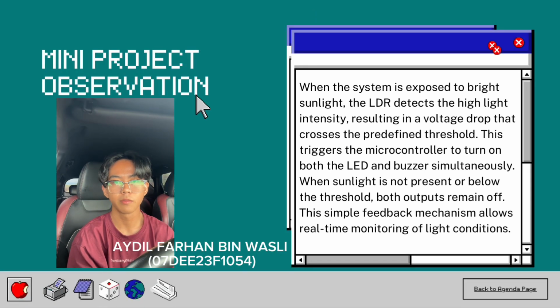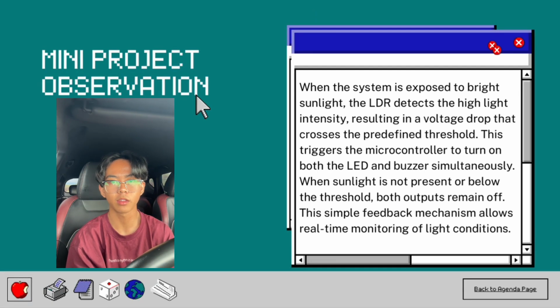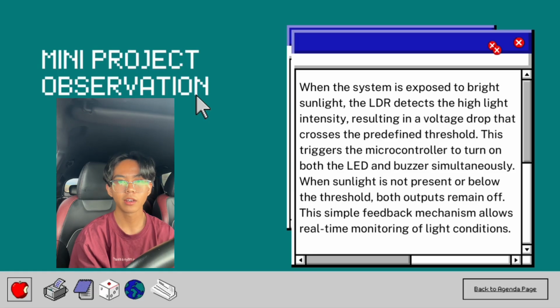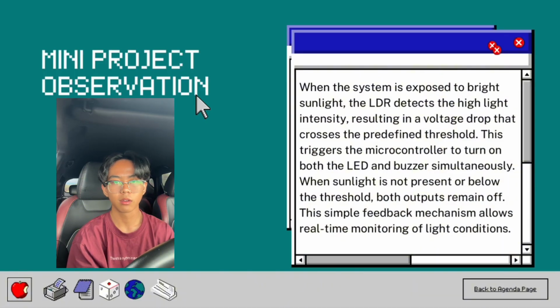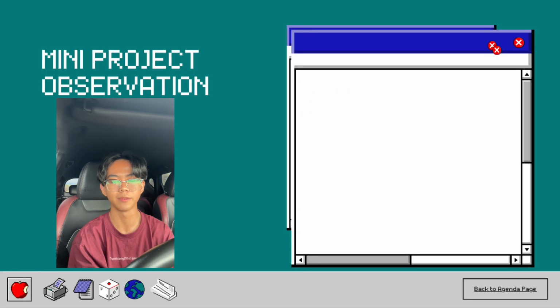For the observation, when the system is exposed to bright sunlight, the LDR detects the high light intensity, resulting in a voltage drop that crosses the predefined threshold. This triggers the microcontroller to turn on both the LED and buzzer simultaneously. When sunlight is not present or below the threshold, both outputs remain off. This simple feedback mechanism allows real-time monitoring of light condition.